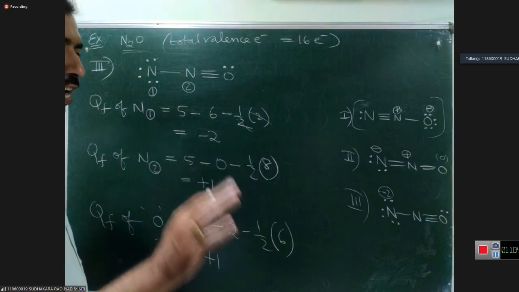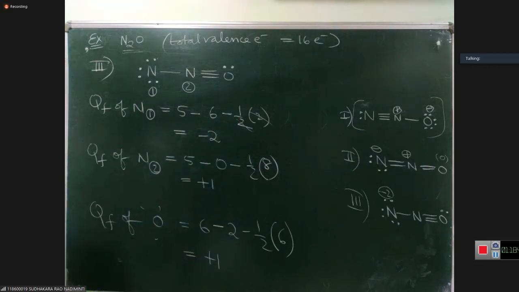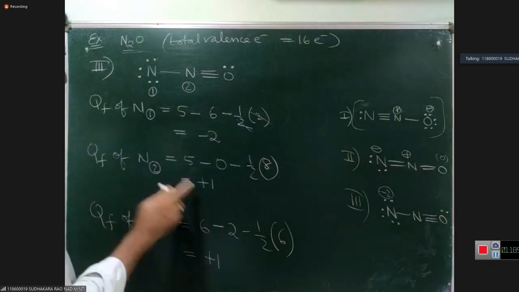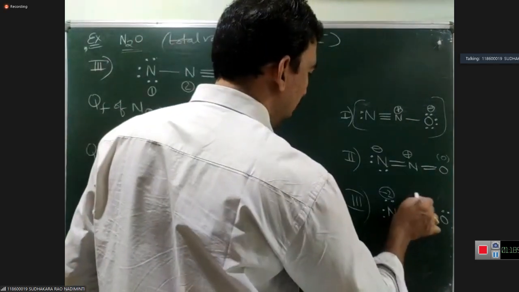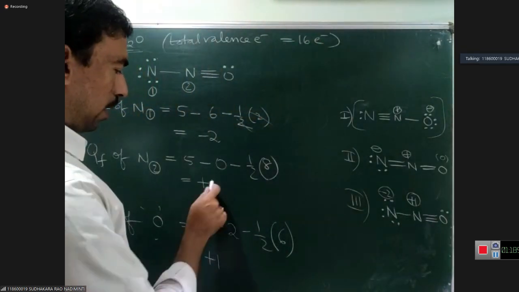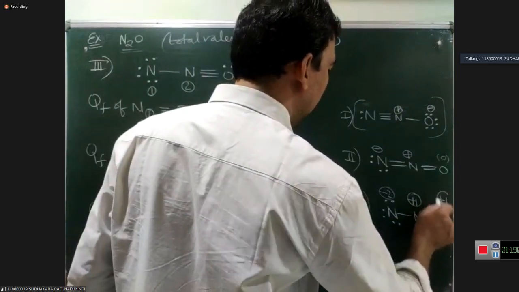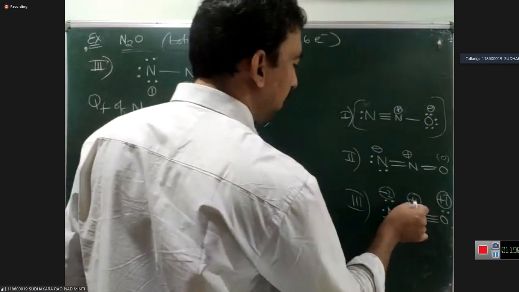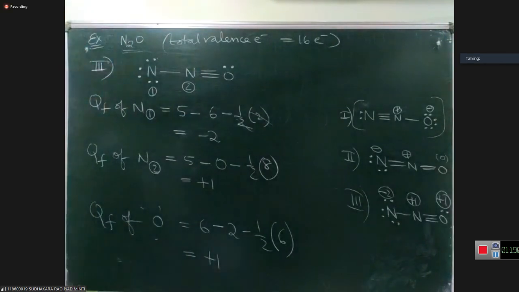Now -2 has come for this, and for this it is +1, and for this also we are getting +1. -2, +1, and +1. So the total net charge is 0. So totally we are able to write 3 resonance structures.